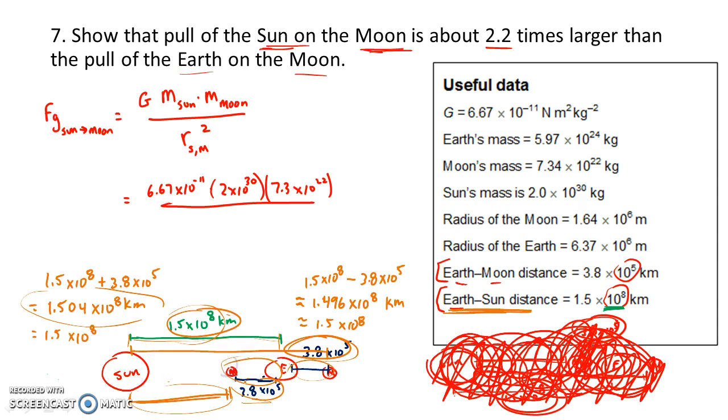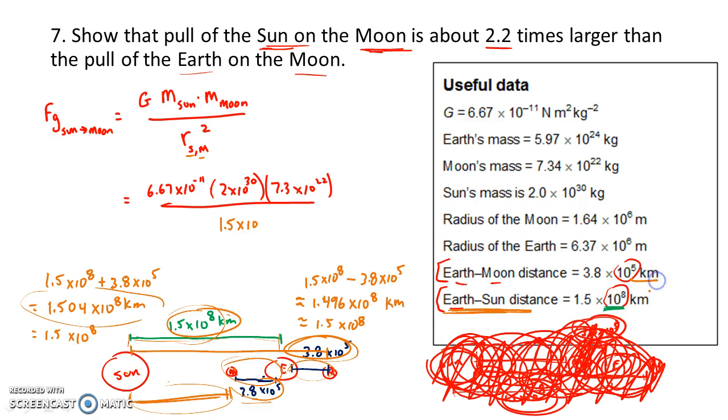The distance of the Moon to the Earth is so small compared to the distance from the Sun to the Earth that we can approximate the distance from the Sun to the Moon. It will vary, but for the most part, it's approximately 1.5 times 10 to the power of 8.